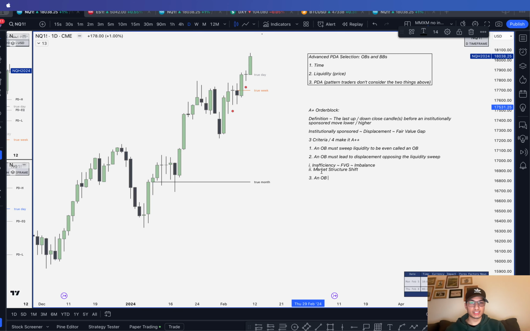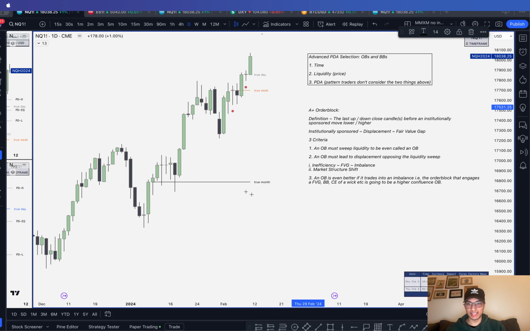Let's just call this the three criteria then. An order block is even better if it trades into an imbalance, i.e., the order block that engages a fair value gap, breaker block, mean threshold or CE of a wick, etc., is going to be a higher confluence order block.